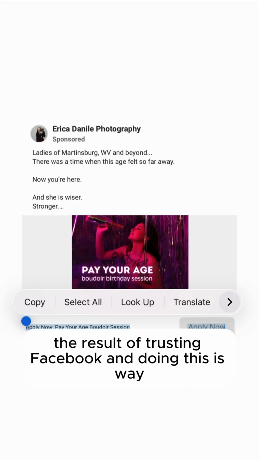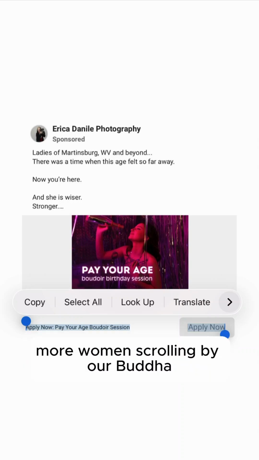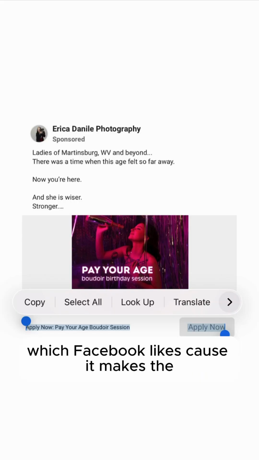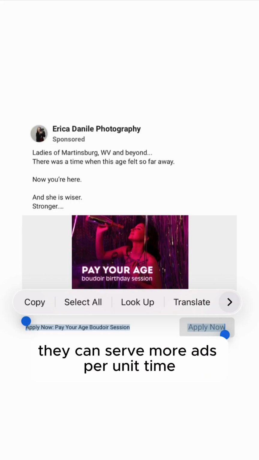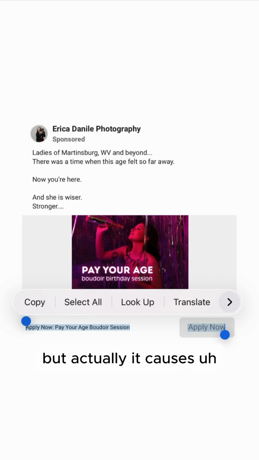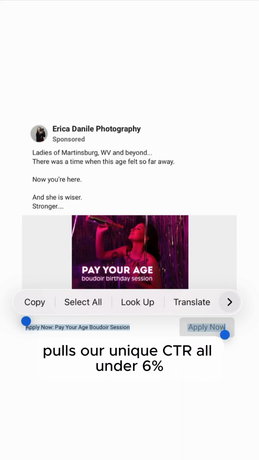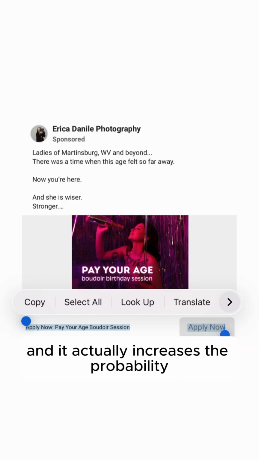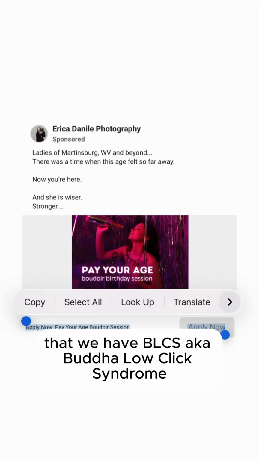The result of trusting Facebook and doing this is way more women scrolling by our boudoir Facebook ads than necessary, which Facebook likes because they can serve more ads per unit time, so Facebook actually makes more money per unit time. But actually, it pulls our unique CTR all under 6%, and it actually increases the probability that we have BLCS, aka boudoir low click syndrome.